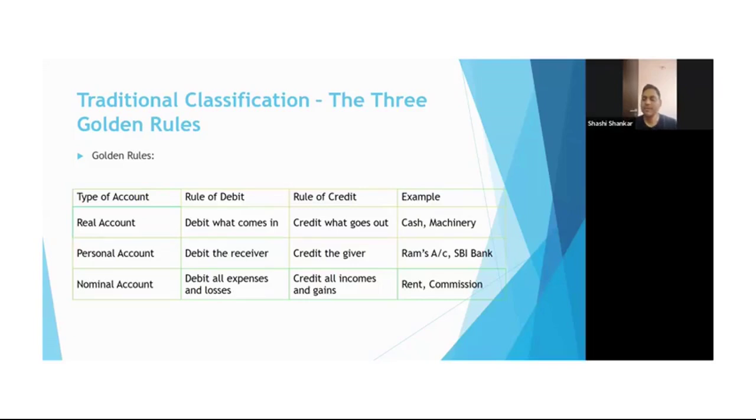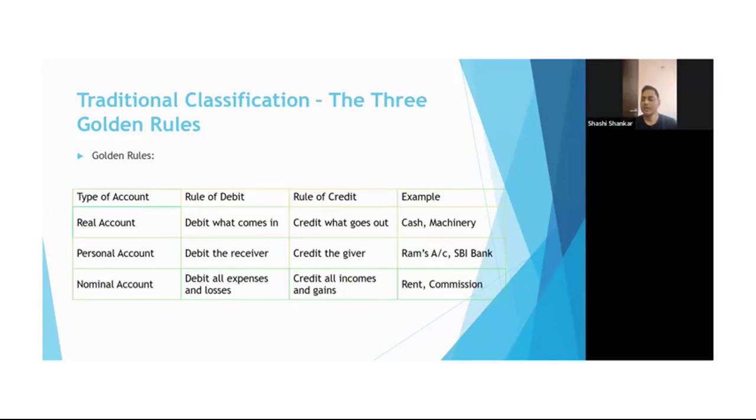Similarly for a personal account, Ram's account: if any cash is given to Ram, debit the receiver. That means Ram is the receiver, so Ram's account will be debited and the cash account will be credited, the giver. So this is the personal account.